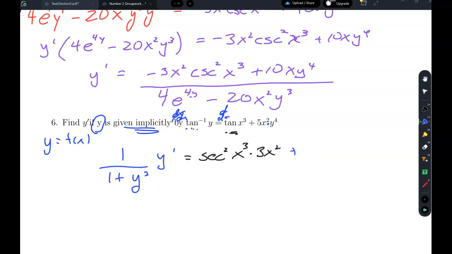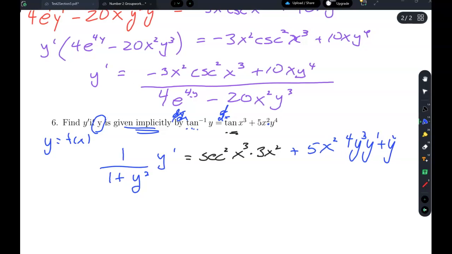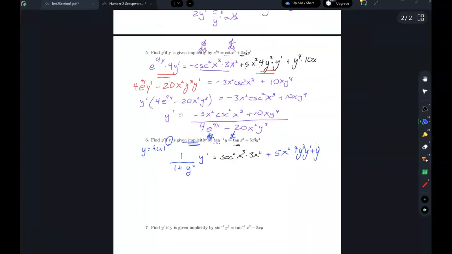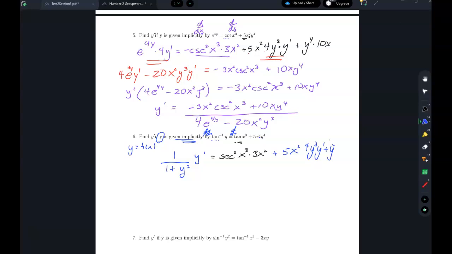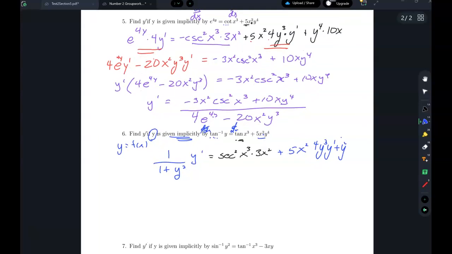So I have first 5x squared times the derivative of y to the 4th, 4y cubed, y prime, plus y to the 4th, and then the derivative of 5x squared. Oh wow, this is the same term up here, huh? All right, so y to the 4th, and then times the derivative of 5x squared, which would be 10x.